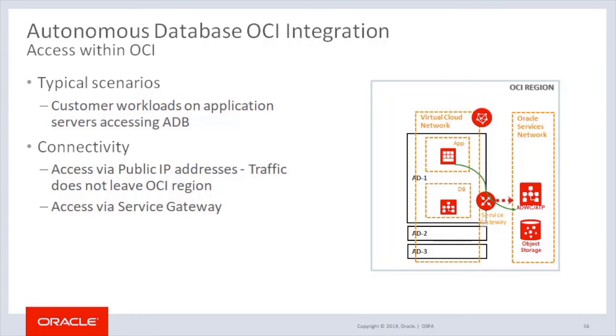However, this traffic never leaves the OCI region and is not routed through the external public internet. Instead, it is directly routed through a service gateway that connects the two services. This provides higher security because this traffic will never leave the data center and provides much lower latency and better bandwidth since all the traffic is routed through the internal high-speed networks in the region.